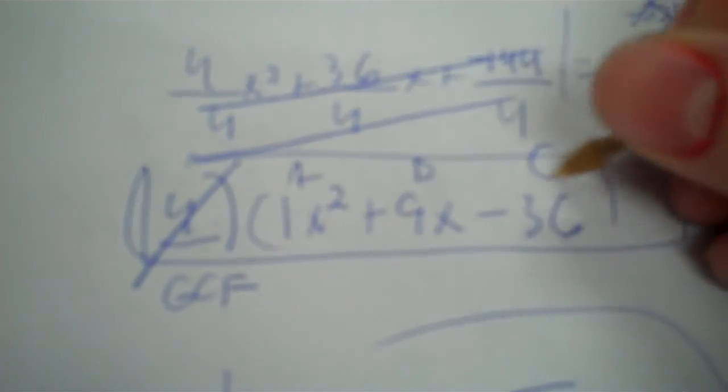So let's get that GCF, bring it over, cross it off, and this is my ABC. Okay, so the A times C product is negative 36. And remember, the A, the x second, here is my A, it's 1, 1x to the second.